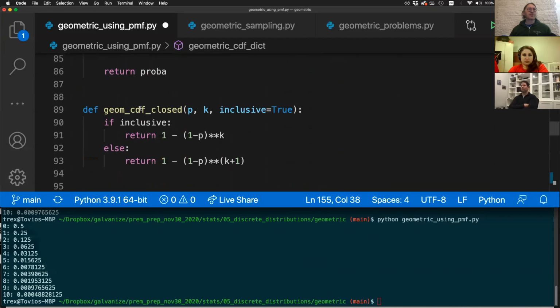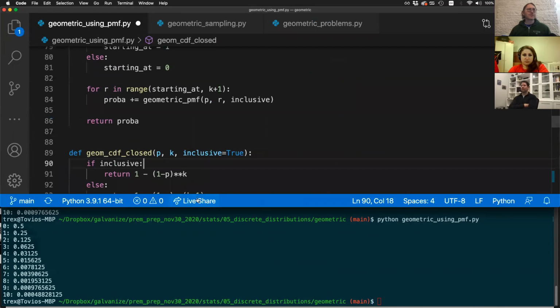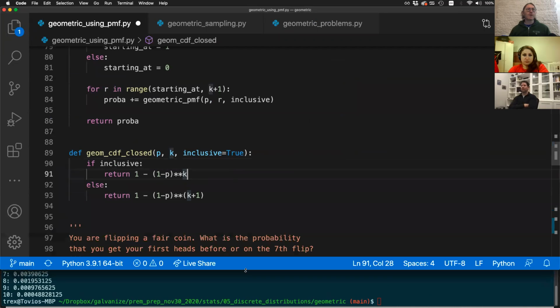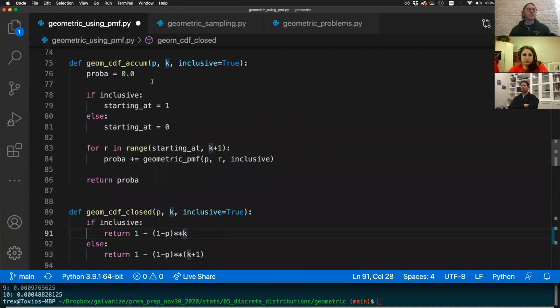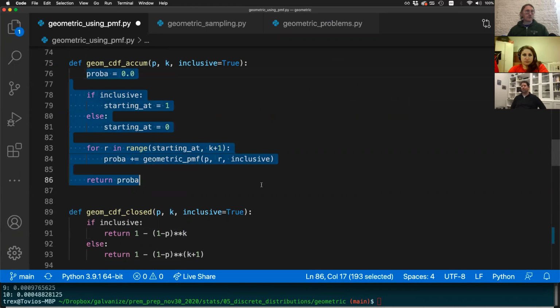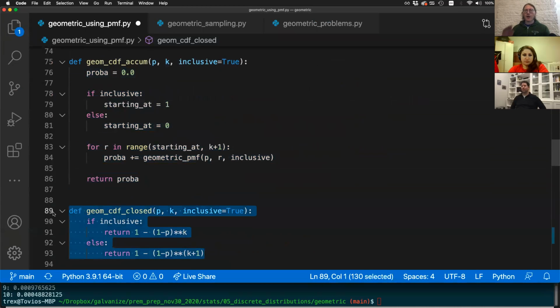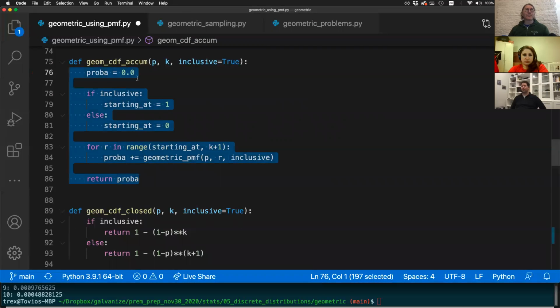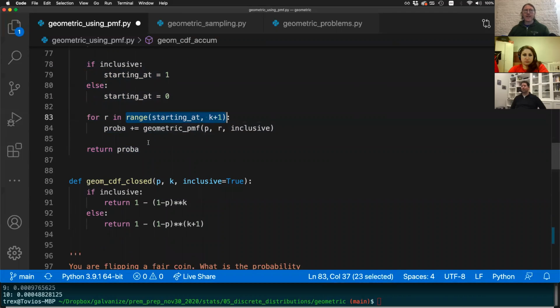If I'm asking which is better to use, the closed versus the accumulator form of the CDF, or of any function, if you have a closed mathematical formulation versus an iterating approach, it's always going to be computationally better to just have your computer do a little bit of math versus traversing some iterable, which is what is happening here.